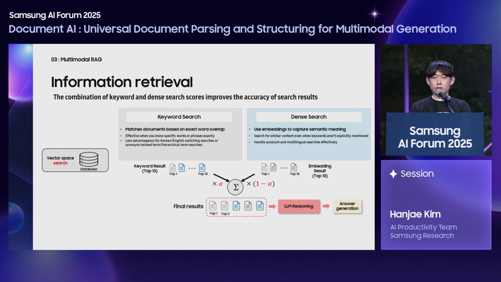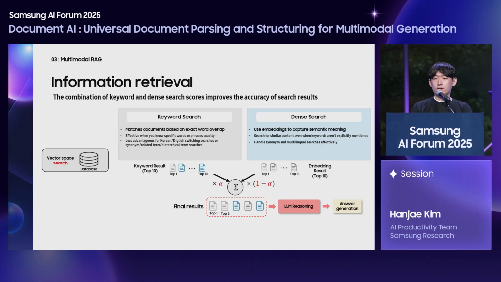The two most common methods are keyword search, which excels at precisely capturing information containing specific keywords, and dense search, which uses embeddings to capture semantically similar information even when expressed differently. We call this a dense search.